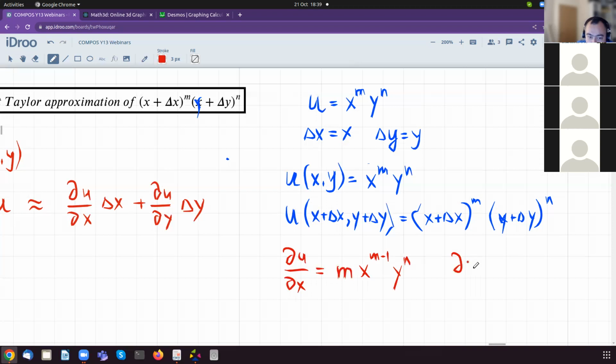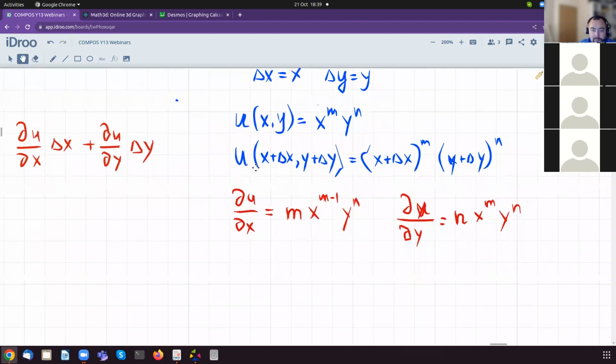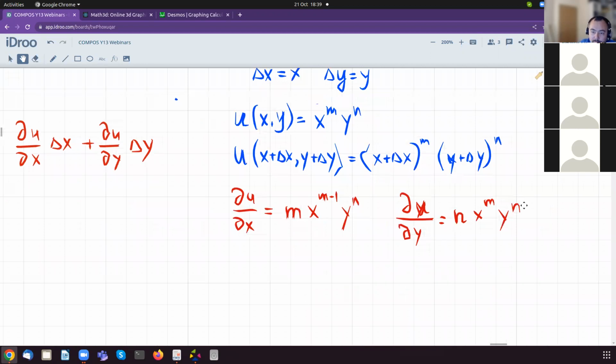And similarly, du/dy is going to be n x to the power m, y to the power n minus 1.